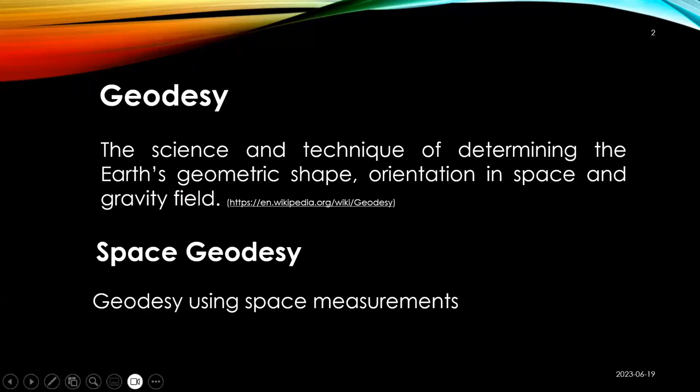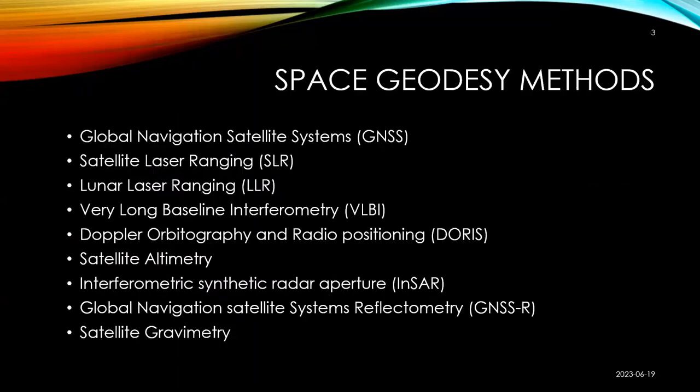So if we consider this as a definition for geodesy, what will space geodesy be? When we do geodesy using space measurements, that's called space geodesy. These are some methods that we use in space geodesy. Global navigation satellite systems, you know it very well, GLONASS and other positioning systems.